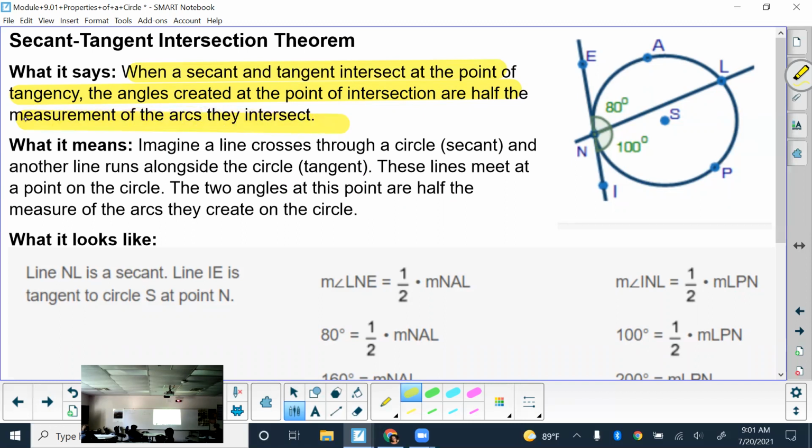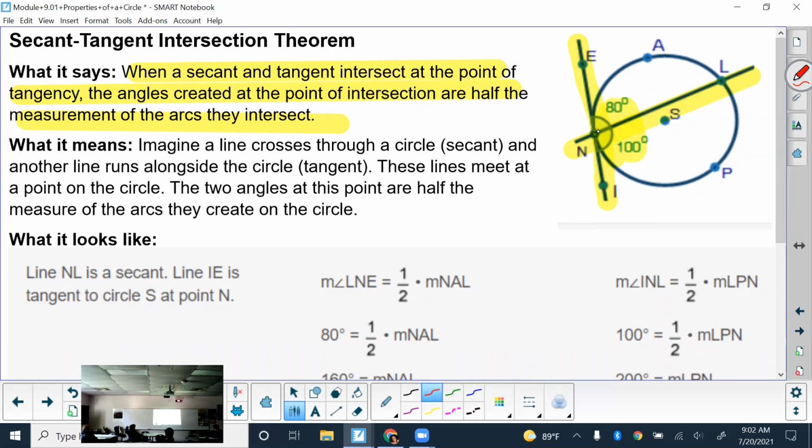All right, so here's where the tangent line is. Here's where the secant line is. These are the angles they create. And it's always going to be half of the measurements of the arcs that they intersect.